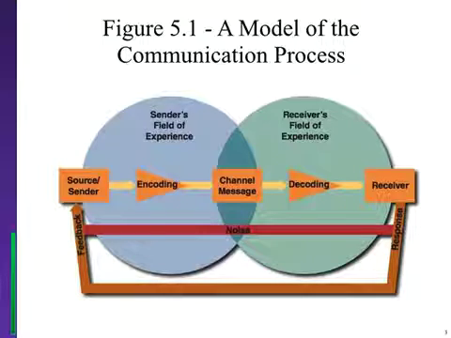And that message also goes through a noisy market to ultimately get to the receiver, who decodes the message based on his or her own experiences, and then hopefully responds to that message and therefore gives feedback to the original sender. And that's a highlight of the process, but obviously there's a lot involved with each step of this process.